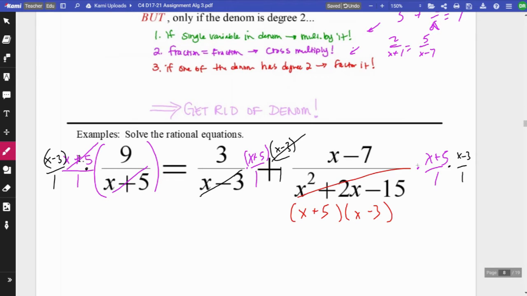We look at the denominator, x plus 5 and x minus 3, and we are currently multiplying this whole fraction by an x plus 5 and an x minus 3. So we don't need to multiply anything further. This and that will cancel. This and that will cancel. So that's why it's necessary to factor first, to see what this trinomial is actually made up of, because we may get lucky and things might start canceling out.